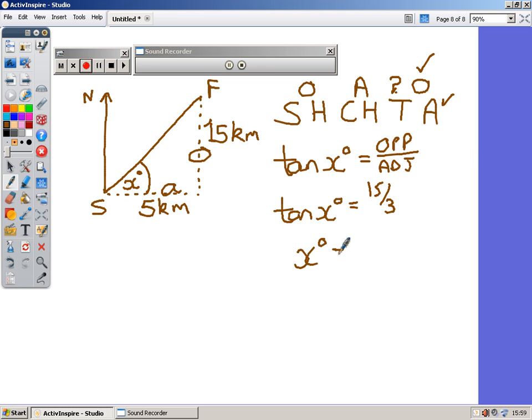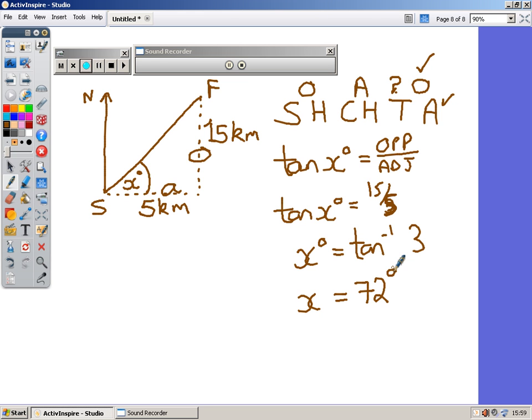X degrees is equal to inverse tan of 3, so shift tan 3 will give 72 degrees.